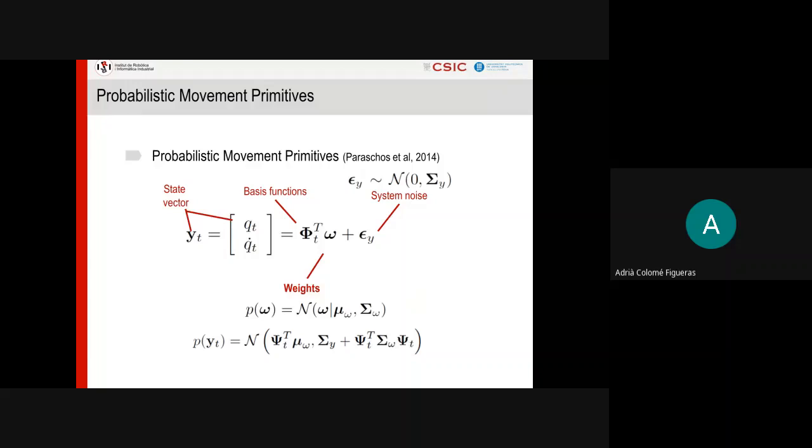And the good thing is that for every trajectory we get a vector of these omegas, and from these omegas we can build a probability distribution on omega. This distribution will be our policy, and it can be directly mapped to the mean and variance of the trajectory distribution that I was showing in the previous slide.